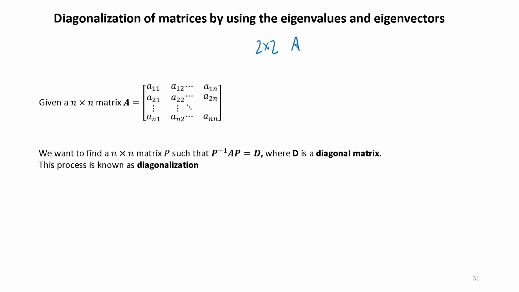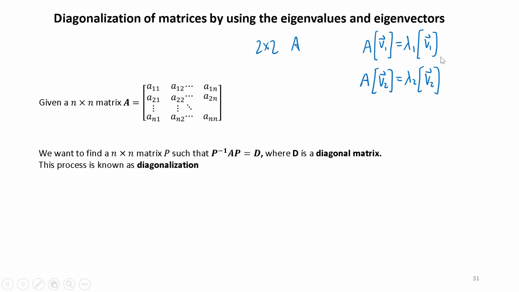So let me write A times some vector that I call V1 equals lambda 1 V1. This is just a column vector, right? And I also have A V2 equals lambda 2 V2. Suppose I've already found the eigenvalues and eigenvectors for this matrix A. So this is what I can write down.